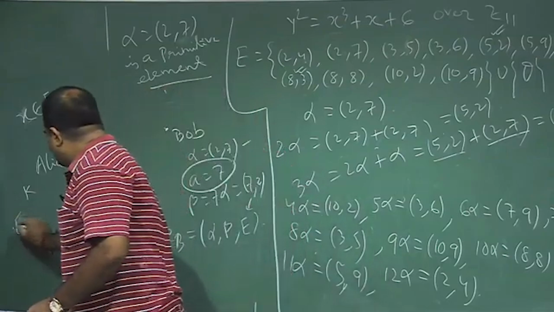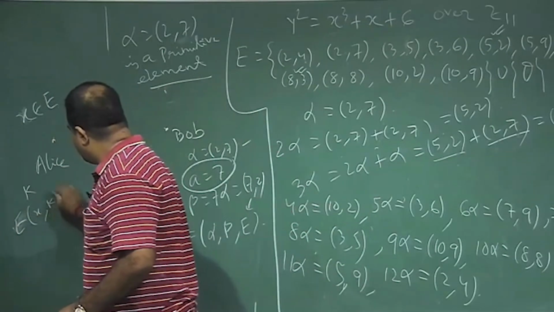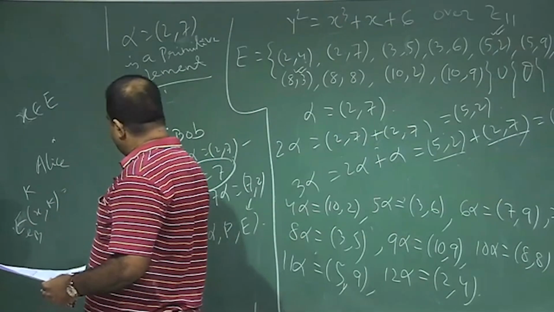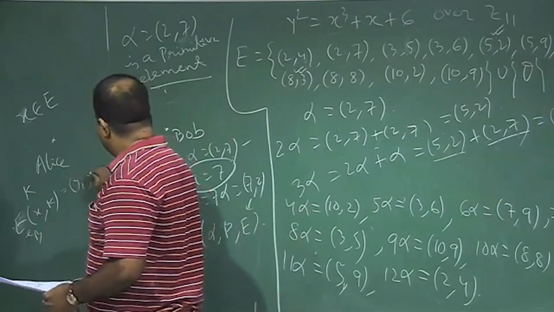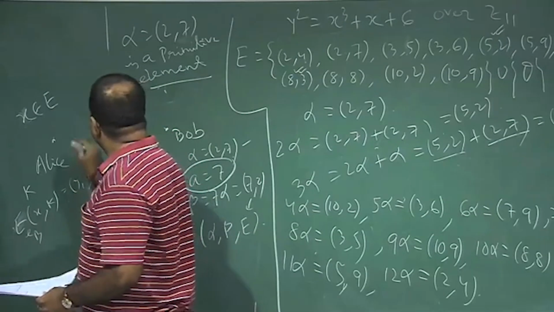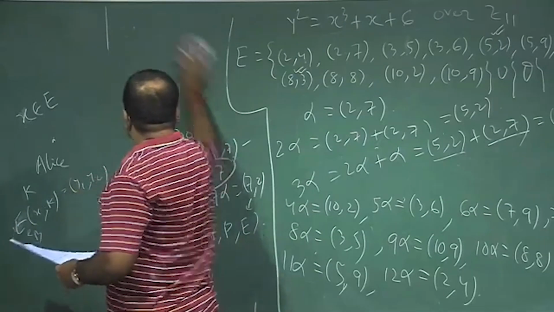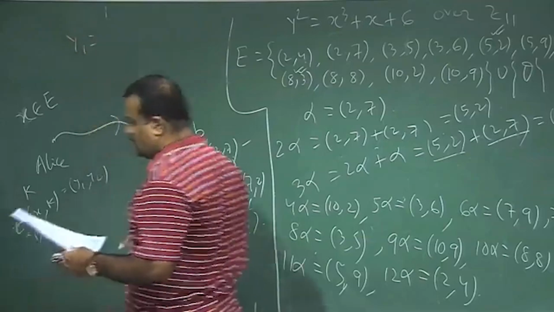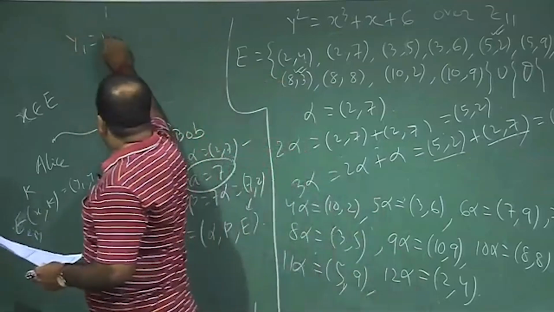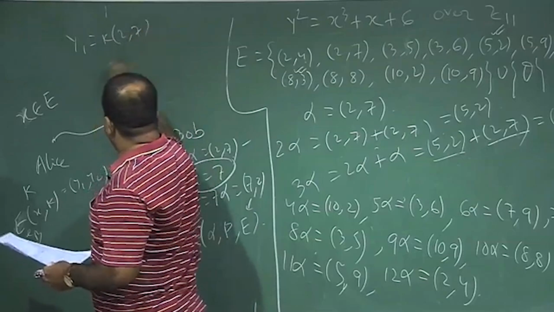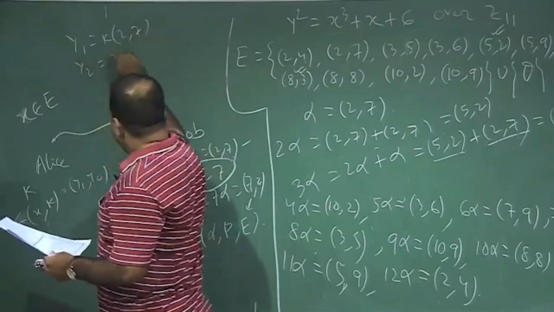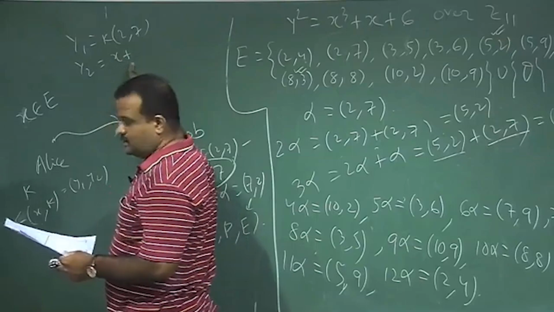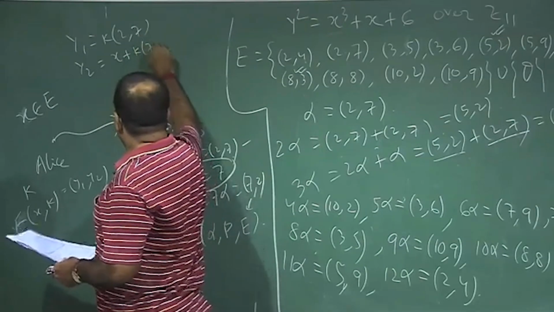So the encryption of X with K using EB is basically (Y1, Y2), where Y1 is K times alpha, and Y2 is X plus K times (7, 2).